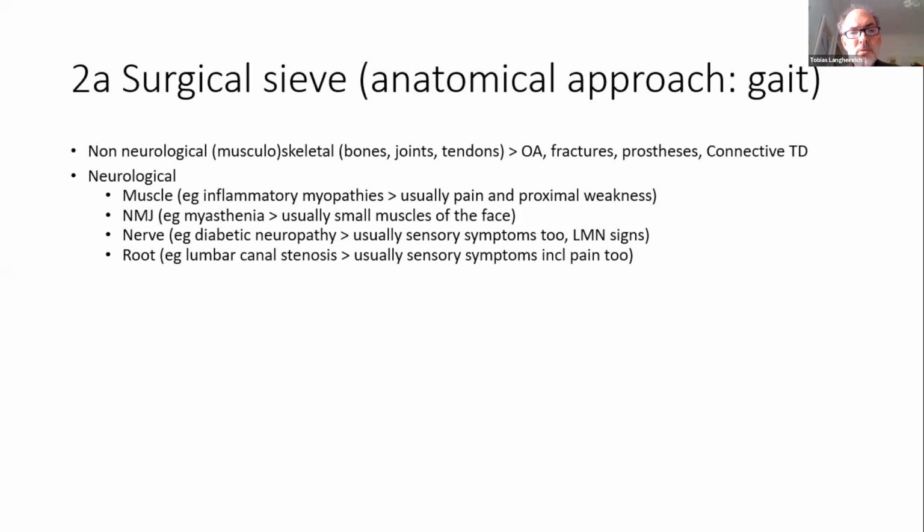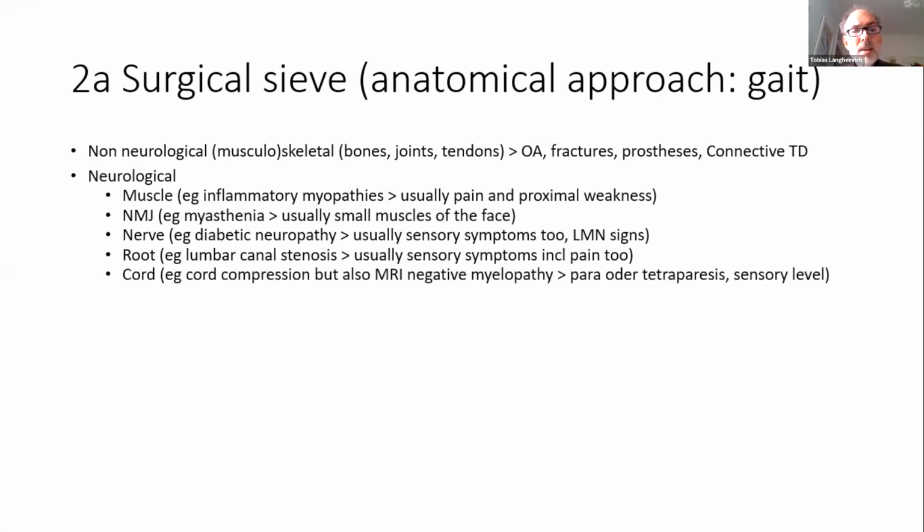Root problems, I'm mentioning a surgical one here, lumbar canal stenosis. Again, people usually have sensory symptoms, including pain. Cord problems, again, surgical cord compression, but there are also medical or neurological causes, with a normal MRI scan, that normally should be picked up by finding a paresis, a spastic paresis, and a sensory level.